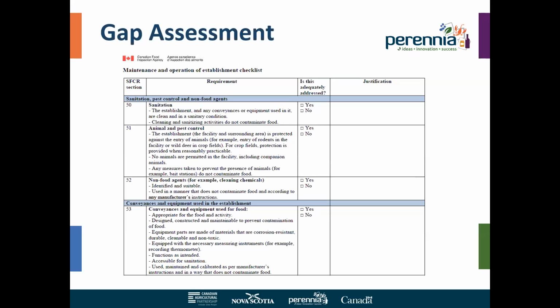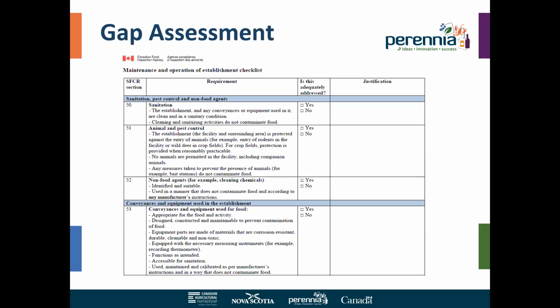So then it tells you what the requirement is. So for example, sanitation, it says the establishment and any conveyances or equipment used in it are clean and in a sanitary condition. Cleaning and sanitizing activities do not contaminate food. So now you look at this and you say, okay, well, does my program that I have in place already adequately address this requirement?